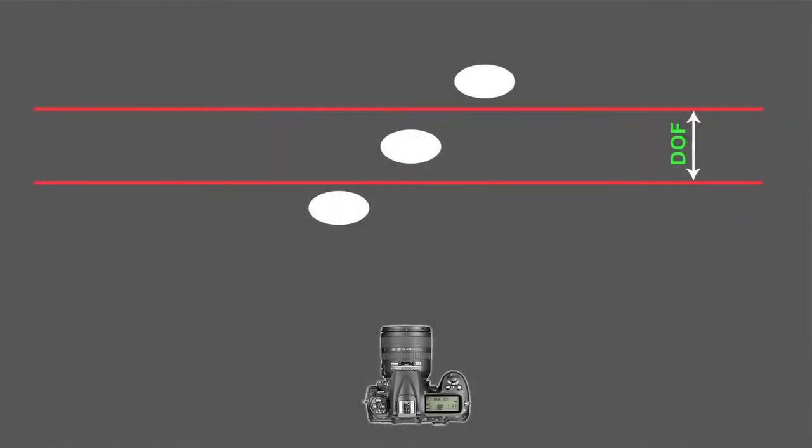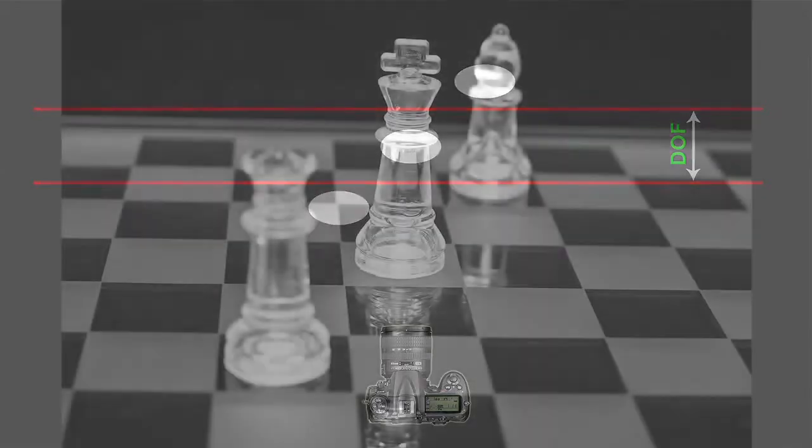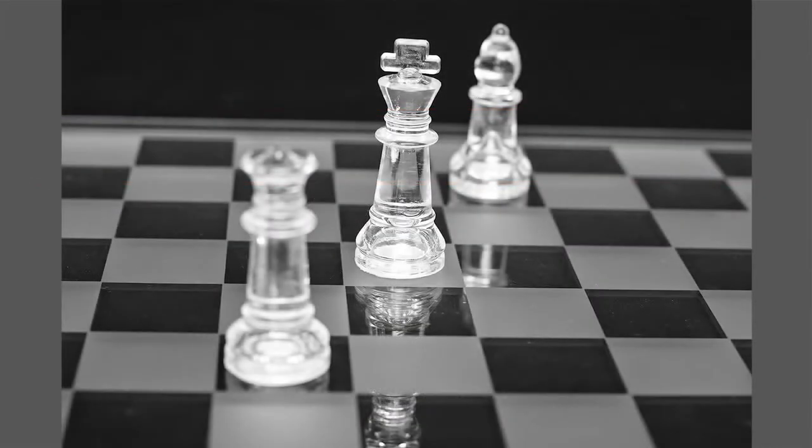And now let's try to move our subjects. Let's put one of them before the red line and another one behind the red line, further from the camera. Remember, we are focusing on the middle one. And as you can see in this picture, the two subjects we moved further from the camera and closer to the camera appear out of focus.